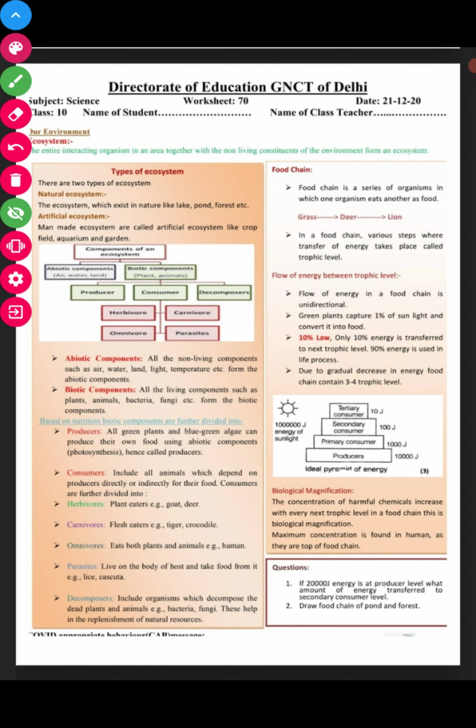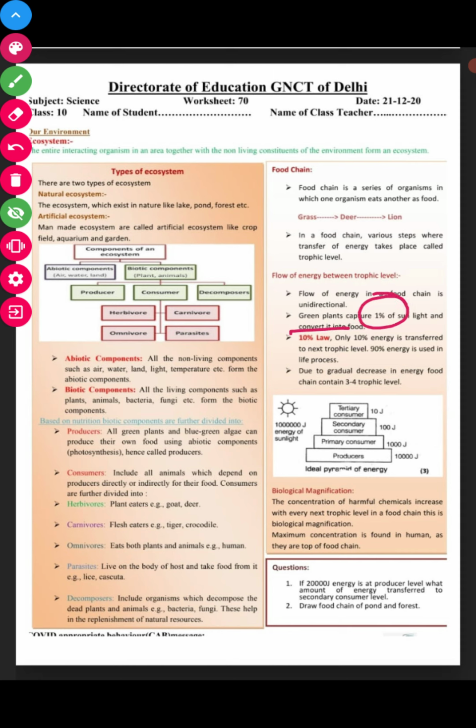That is why energy flow takes place in a unidirectional form, always. The green plants capture 1% of sunlight and convert it into food.